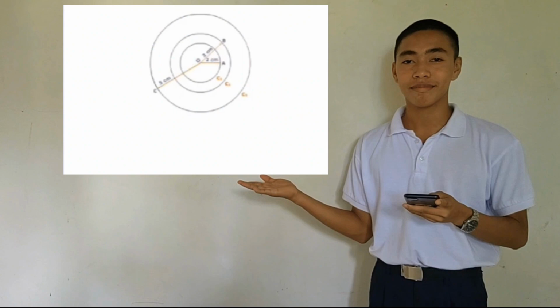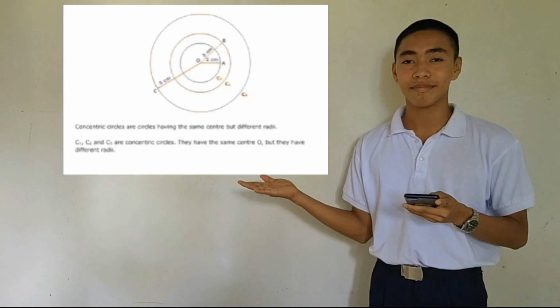We say that these circles C1, C2, C3 are said to be concentric. Concentric circles are circles having the same center but different radii. Here, in the given figure, we observe that the three circles C1, C2, and C3 have the same center O.